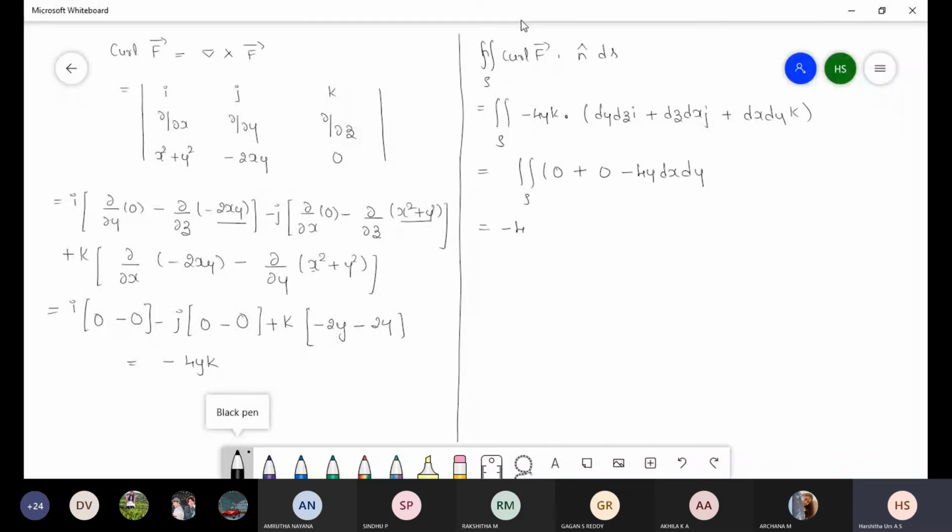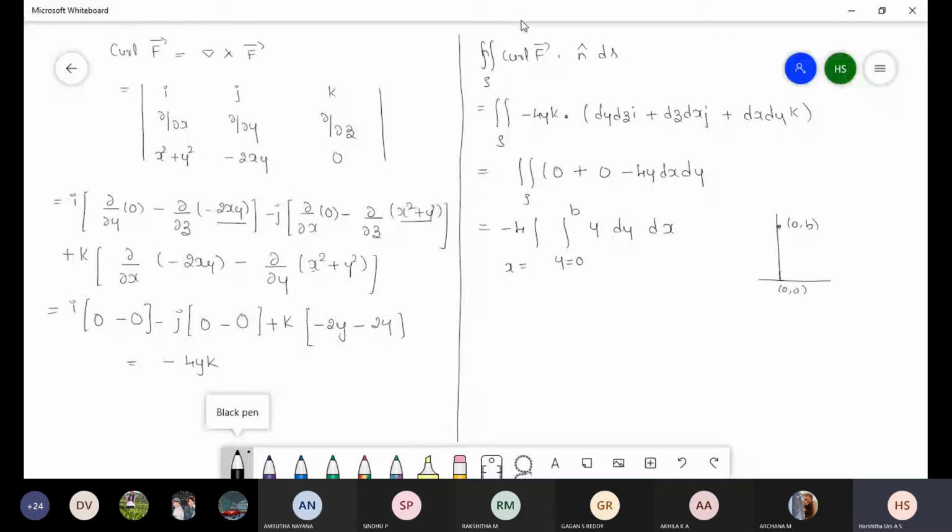Here I use changing the order of integration. If you see the graph, y varies from 0, where 0, 0 is defined in the graph, to 0, b. So y varies from 0 to b.